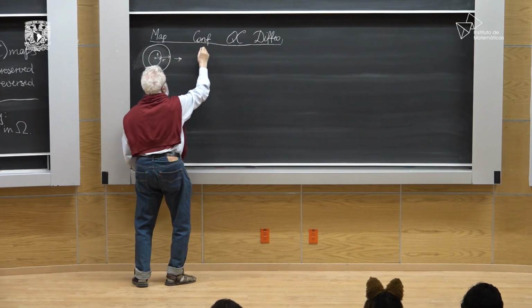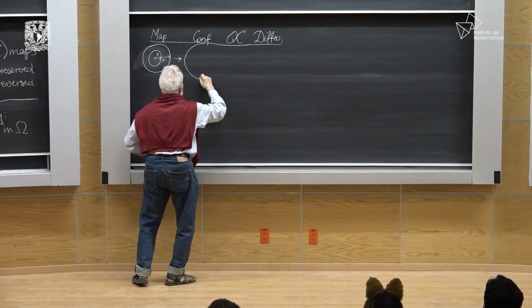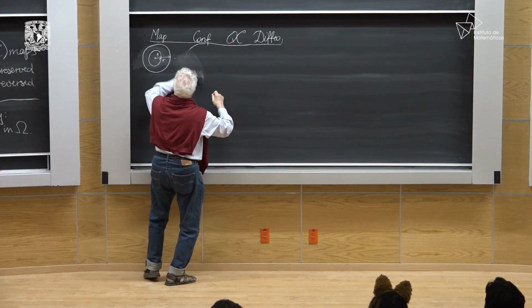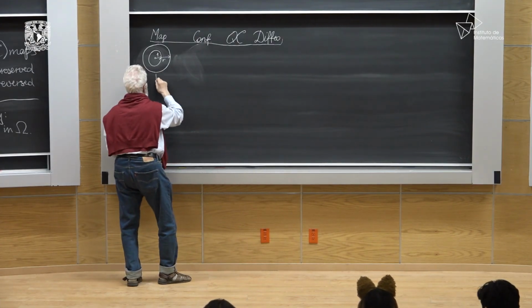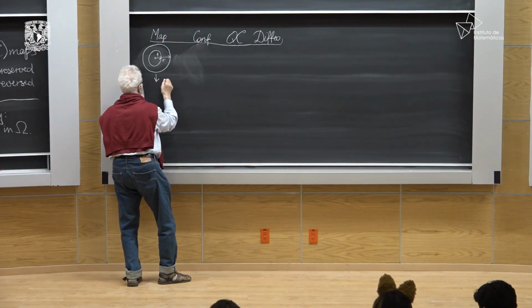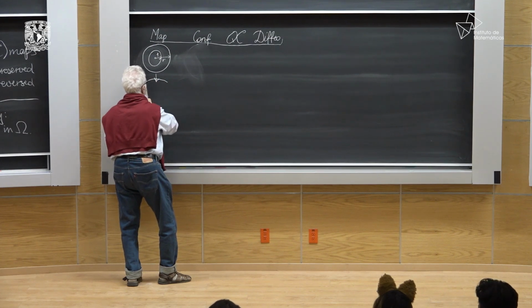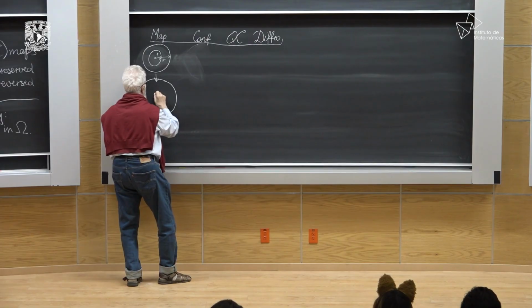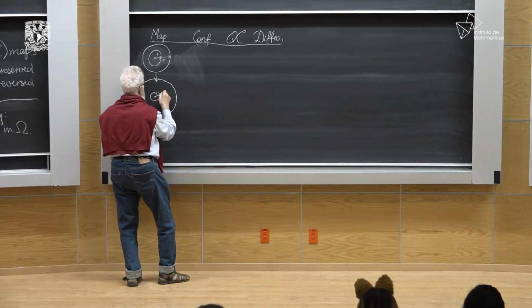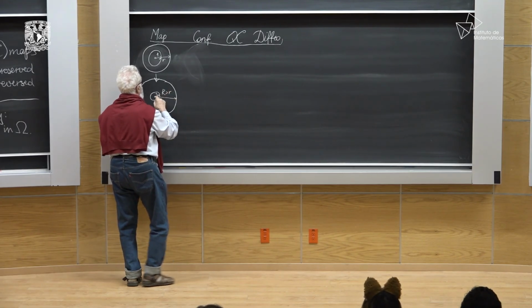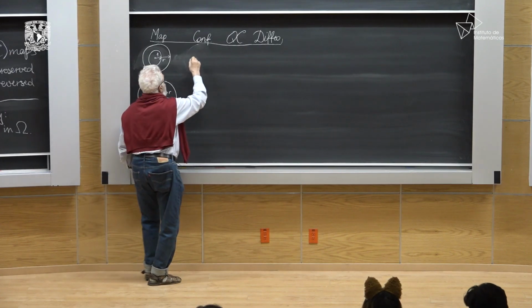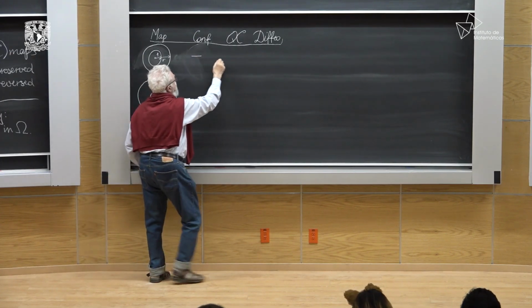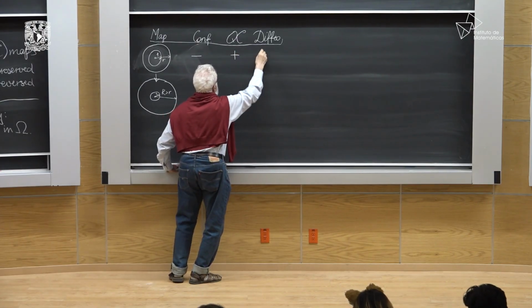And we want to map it onto an annulus of a greater radius; this is 1 still, and this is r greater than r small. And the conformal map does not exist. The quasi-conformal map exists, and the diffeo exists.